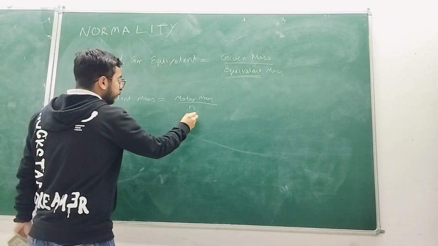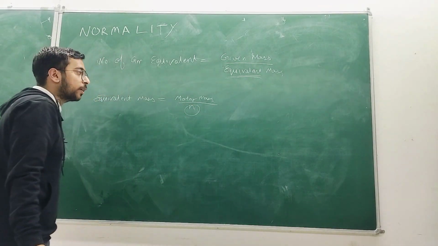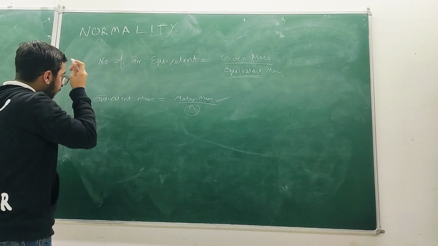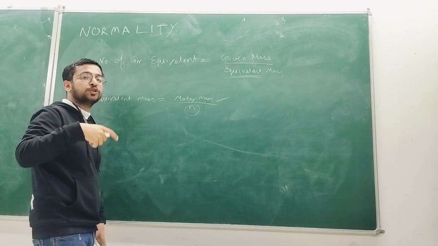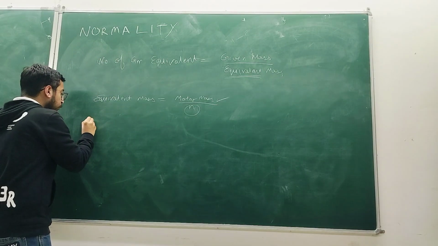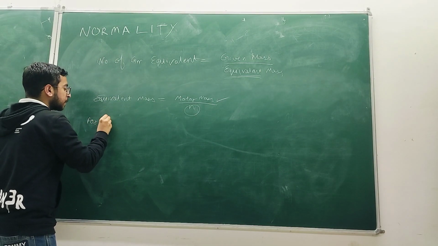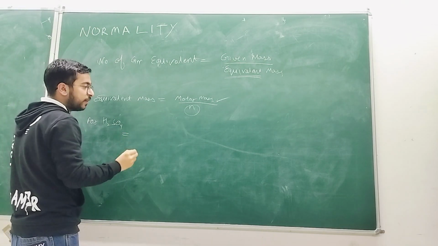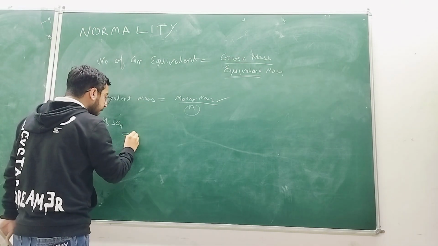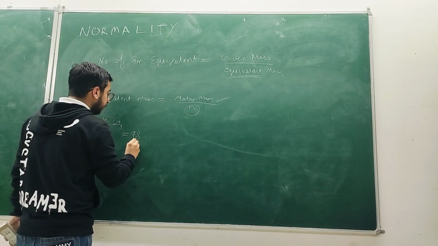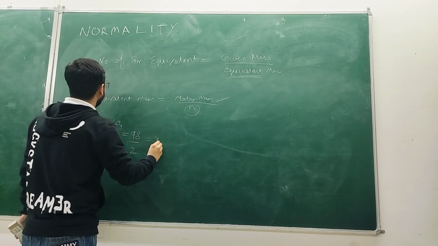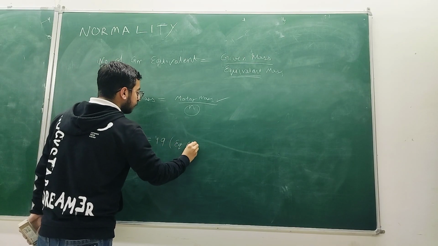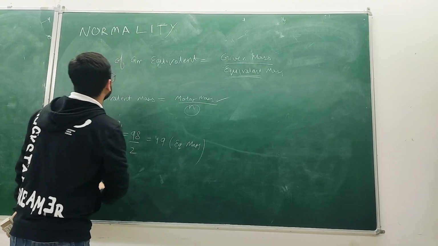Now you have understood valency factor and molar mass. Let's say you have to find equivalent mass of H2SO4. Molar mass is 98, and valency factor we have just found is 2. So 98 by 2 is 49. This is the equivalent mass of H2SO4.